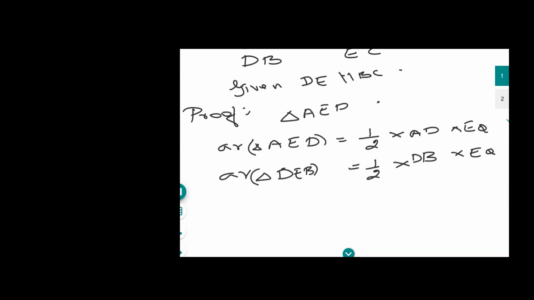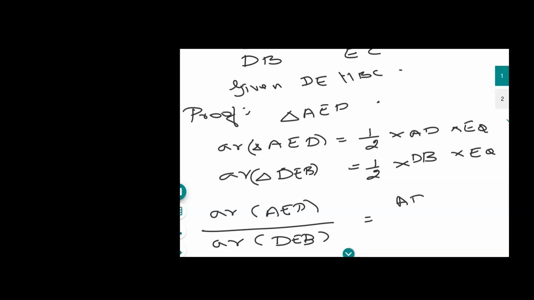So when you divide both these, half and half gets cancelled, EQ gets cancelled. So therefore, area of AED divided by area of triangle DEB is equal to AD by DB. Let us have this as 1.